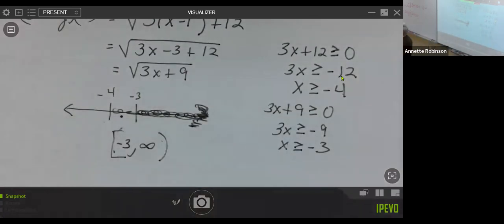There's your domain. It is intersection, not union. What they both have.